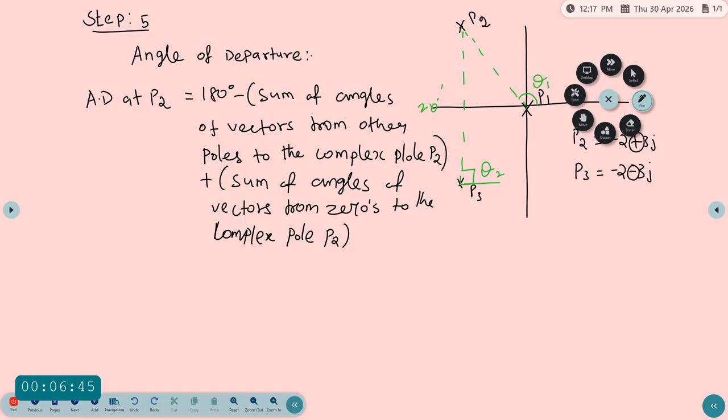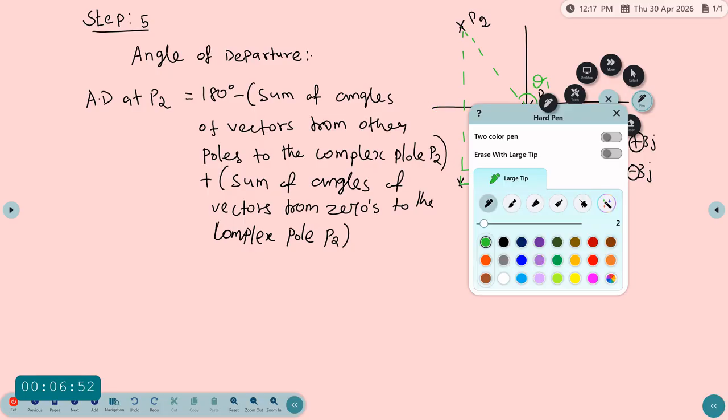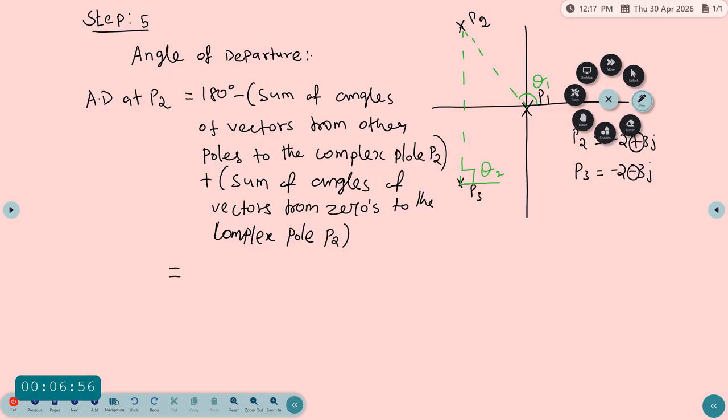So we can rewrite this formula with the given values: 180 degrees minus the sum of angles of vectors from other poles to the complex pole P2. The angle between P1 and P2 is theta 1, the angle between P3 and P2 is theta 2, and there is no zero, so we add 0.